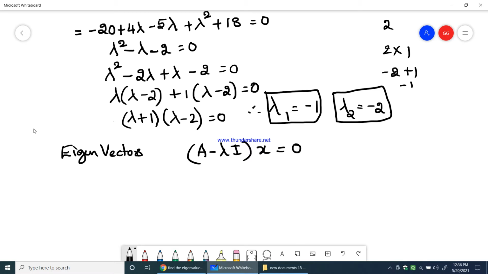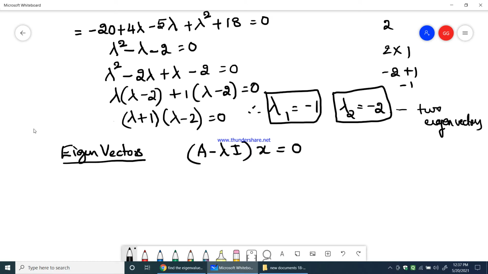Here we have two different lambda values, therefore we get two different eigenvectors. Let us now find out those two eigenvectors.